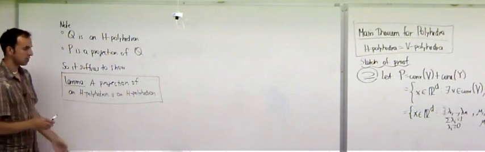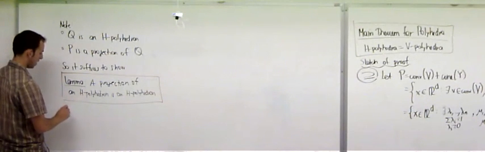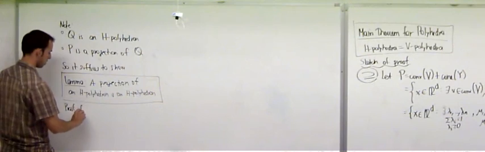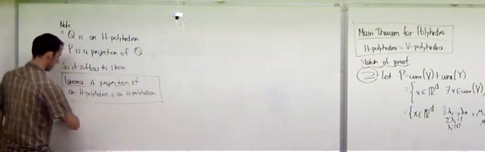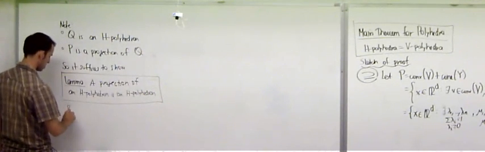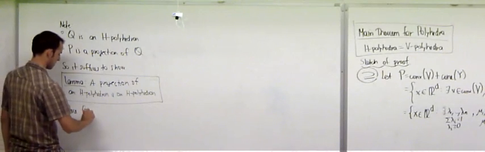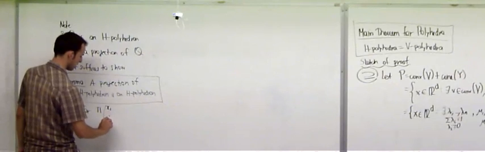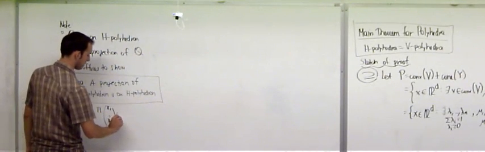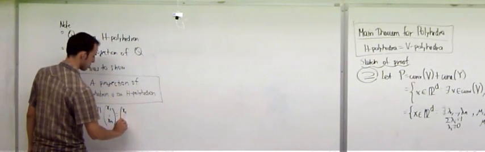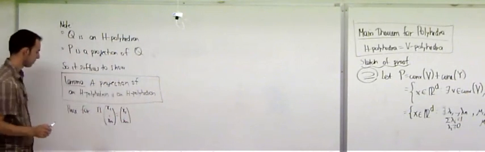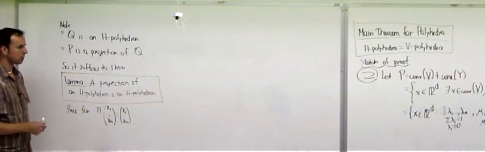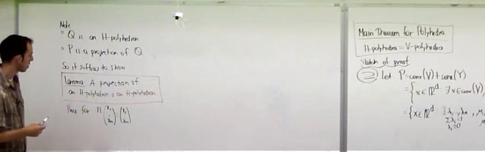So let me just prove this for the projection that takes x1 up to xm, and it just forgets what the value of x1 was. I can prove it for this projection, and then by induction I will have it for any more complicated projection.